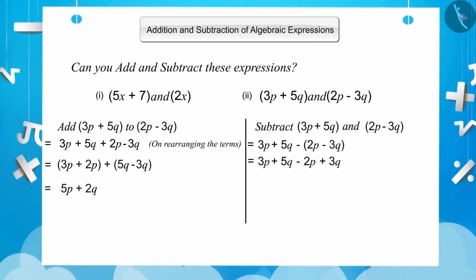Here, 3p and 2p, and 5q and 3q are like terms. So, we will rearrange the like terms. (3p - 2p) + (5q + 3q). By combining the like terms, we will get 1p + 8q.